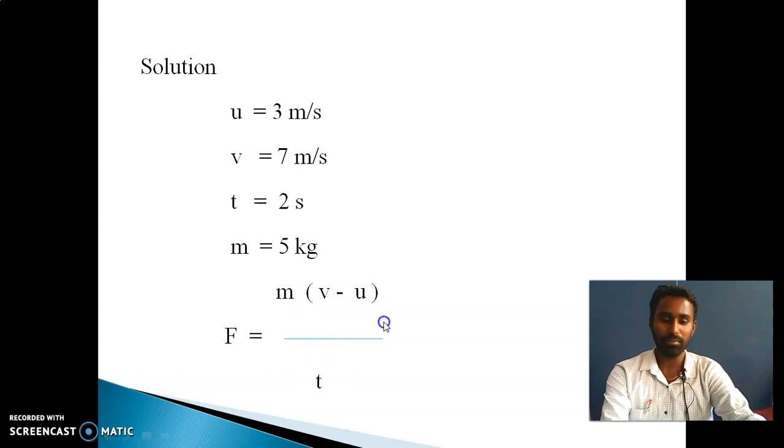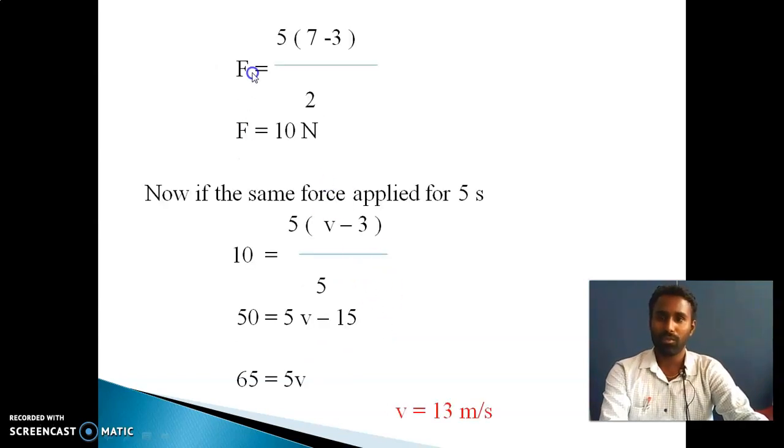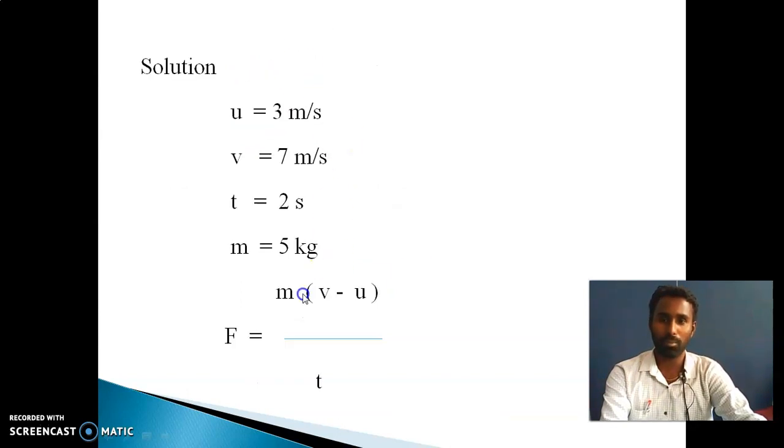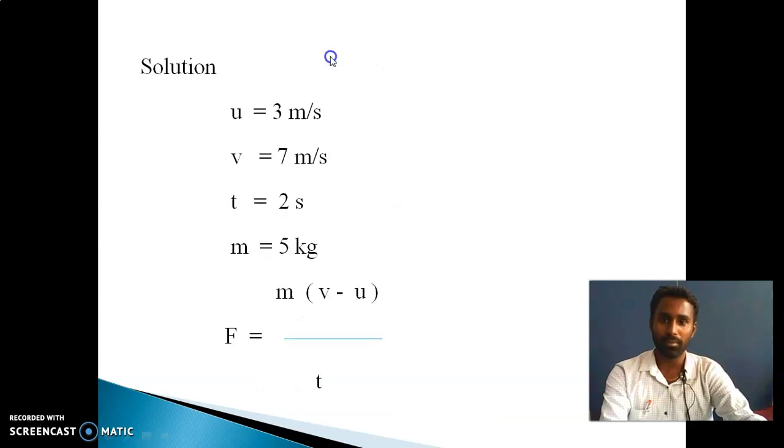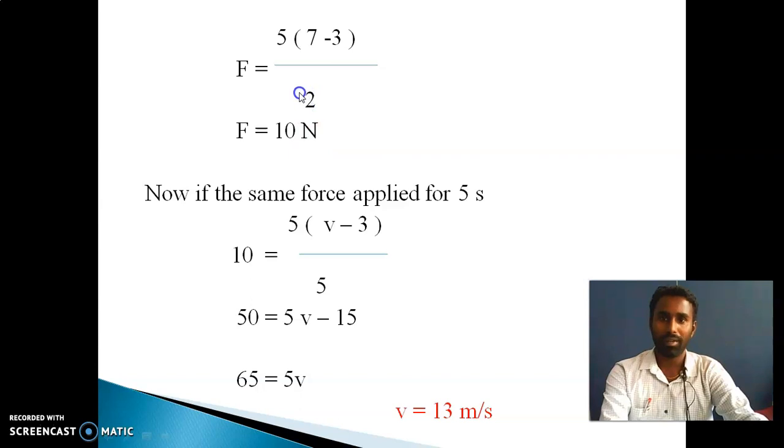Substitute the values: mass 5 kg, V equal to 7 and U equal to 3, divided by time.